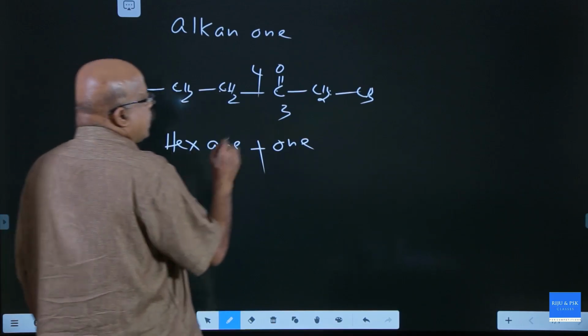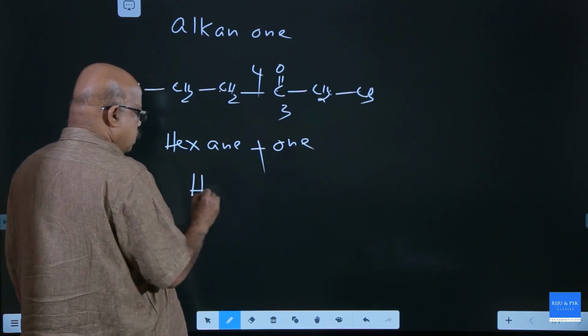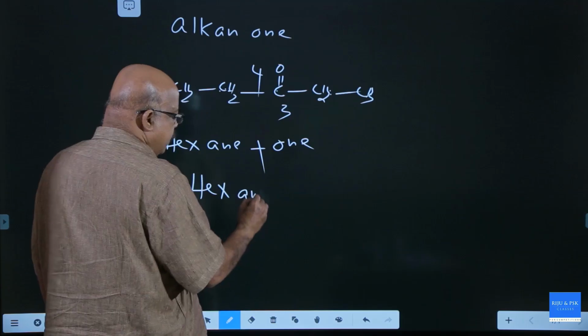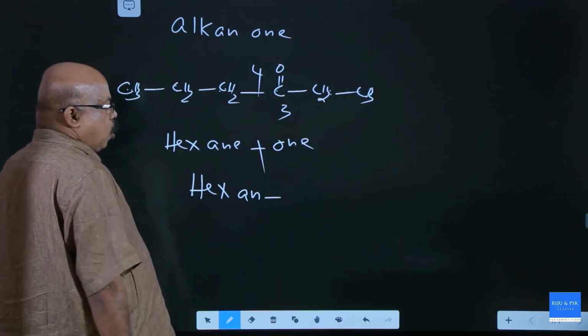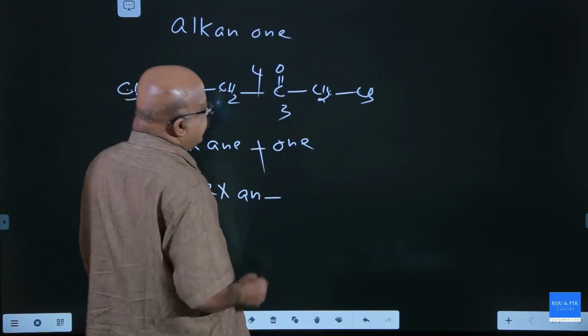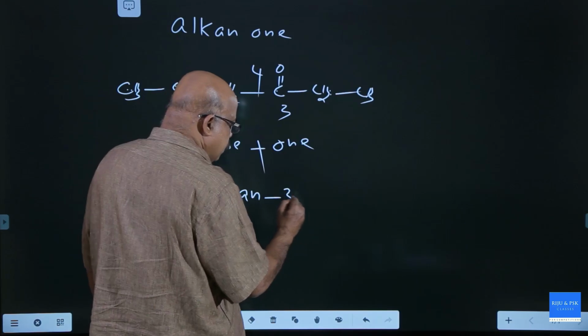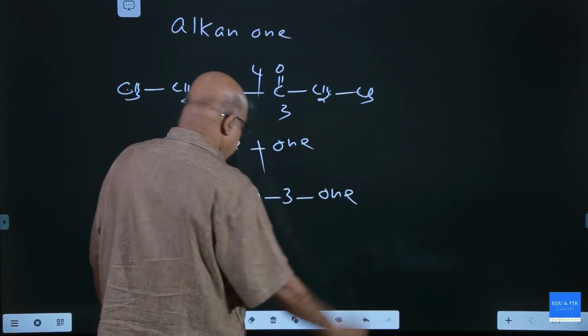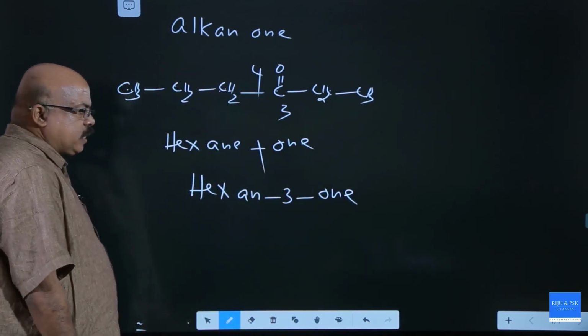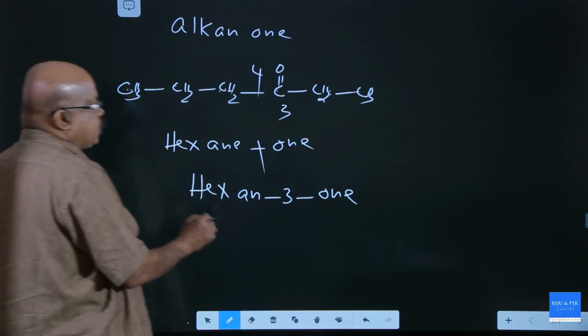So this molecule is named as hexane. Drop E, where the ONE is placed, the third carbon, hexan-3-one. That is the correct IUPAC name.